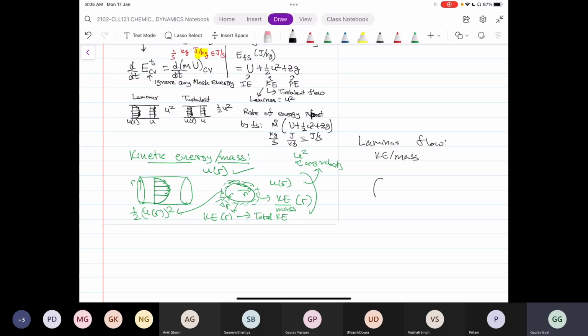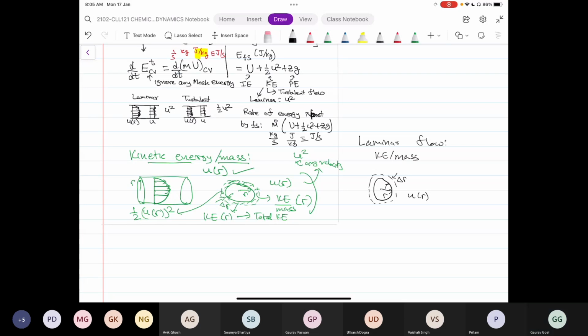So for that, I take a cross-sectional area at R, and its width is delta R or dr, and either way you can work. Here the velocity is, let's say, ur. So that is the R dependent velocity.